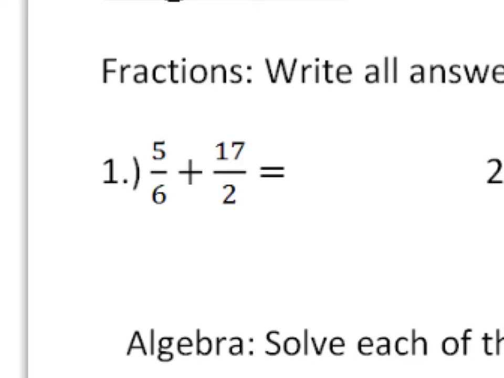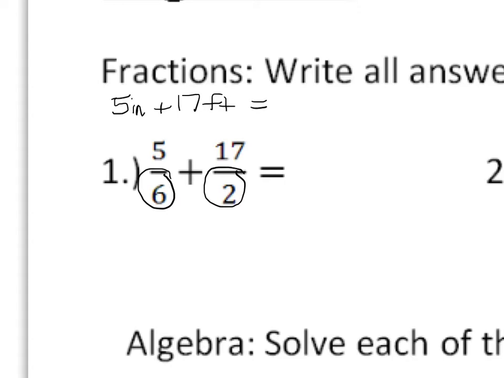Anytime I'm adding fractions, what you want to think about is this bottom number represents a unit, like centimeters or inches are a unit. So if we had 5 inches plus 17 feet, we wouldn't be able to add those together very nicely.